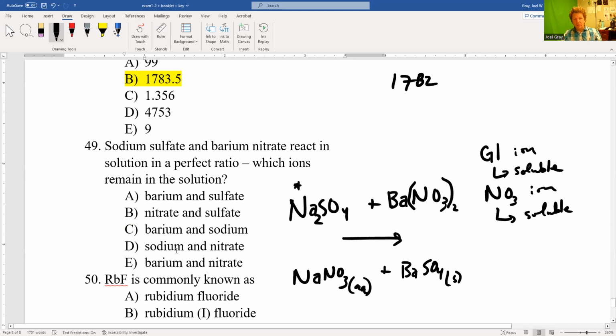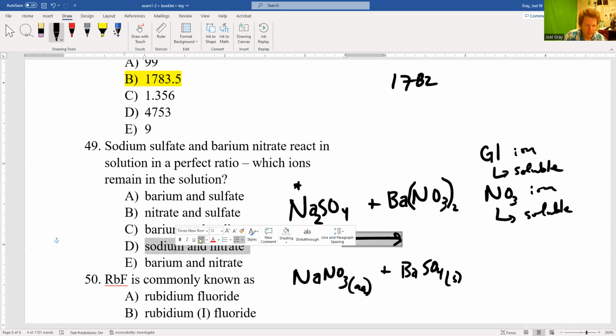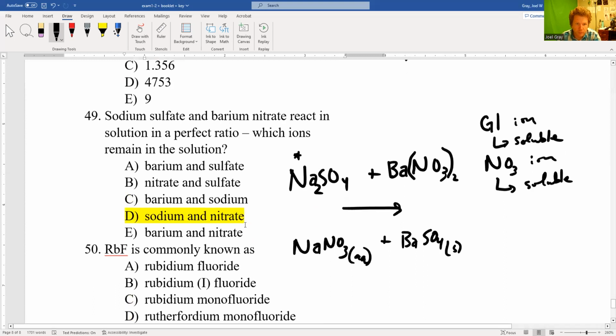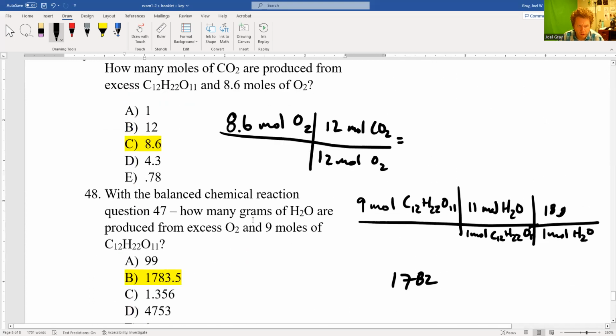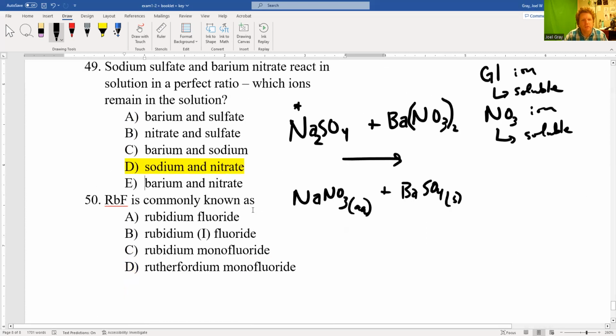Since that's aqueous, that means that those two things separate from one another. So our best answer option for question number 49 is B. Sodium and nitrate. Okay, sorry, that would be C, B.